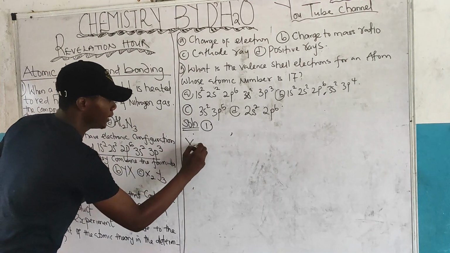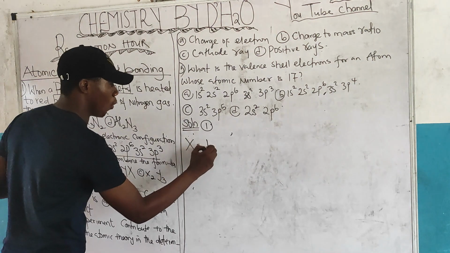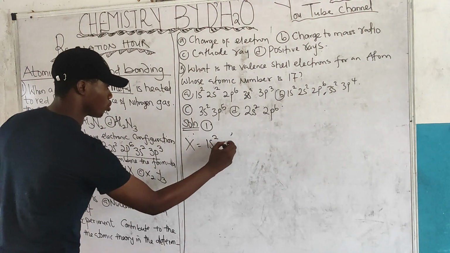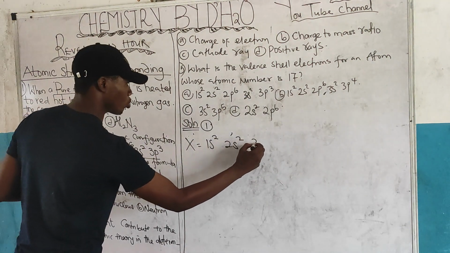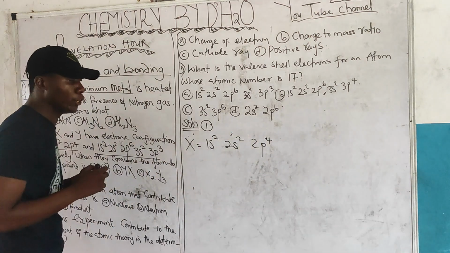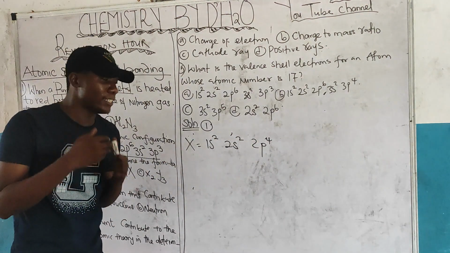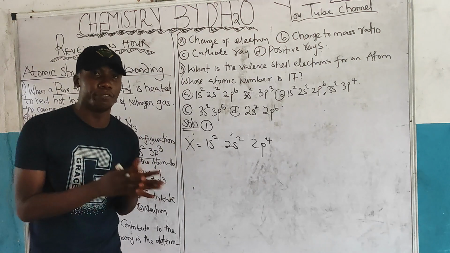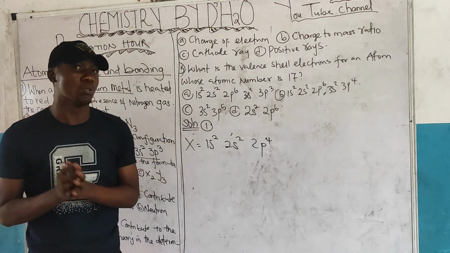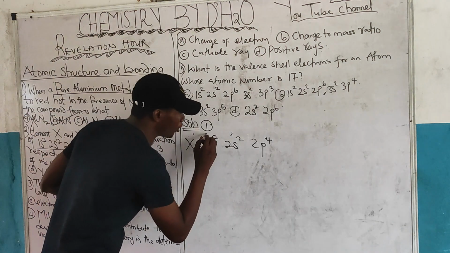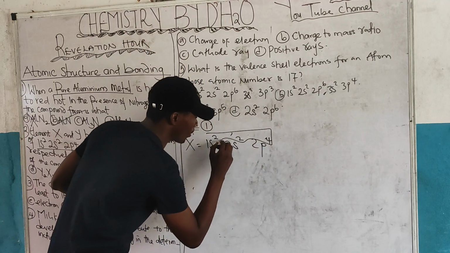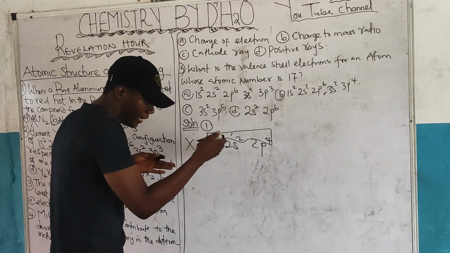Now, for X, they told us that it is 1s2, 2s2, 2p4. Now, if you want to know the valence electron, or you want to know the valency of this atom, what do you simply do? You have to add all these numbers together and put it in their KLM shell.